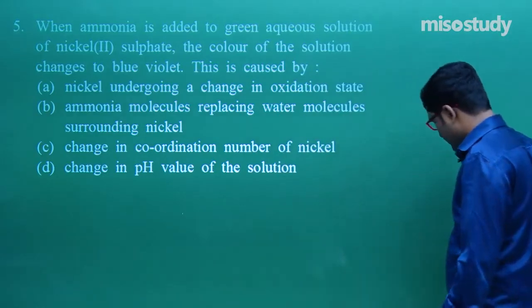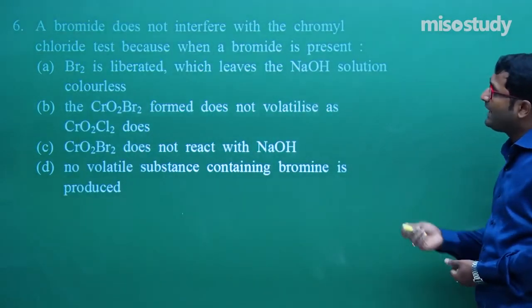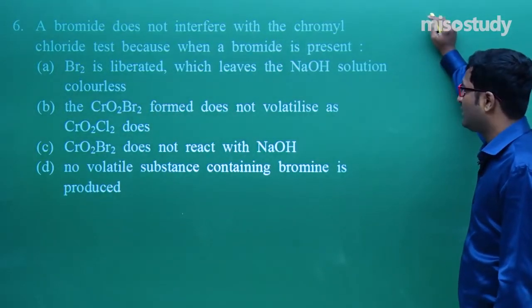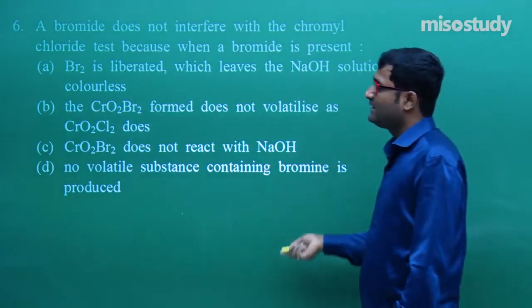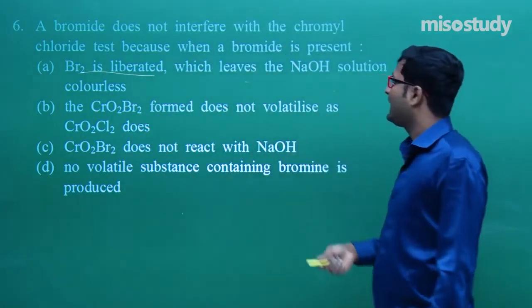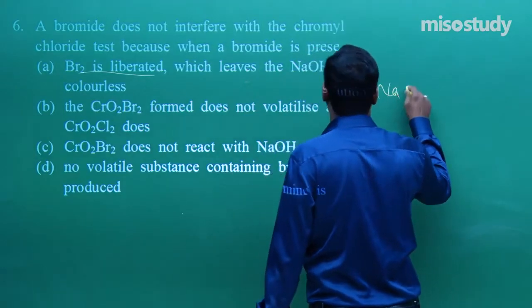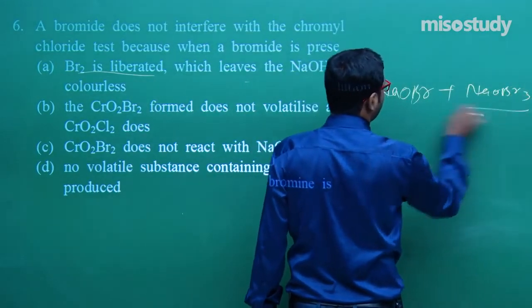Come to the next section, next question, that is question number 6. A bromide does not interfere with the chromyl chloride test, because when a bromide is present, Br2 is liberated, which leaves the NaOH solution colorless, because there is a formation of NaOBr and NaOBr3.